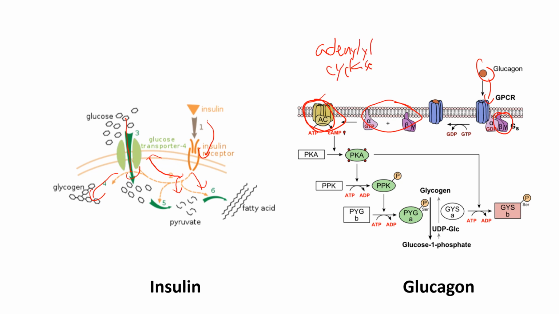And what this does is this takes ATP, and this will make this into cAMP, which is essentially just removing two phosphates. But what this does is this allows this to be essentially a catalyst for a lot of other proteins. So this cAMP will activate PKA, which will activate PPK. These enzymes aren't important. You might get asked about PK and PPK, but beyond that, the cascade is a little bit irrelevant.